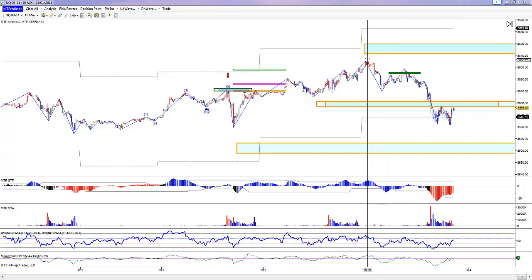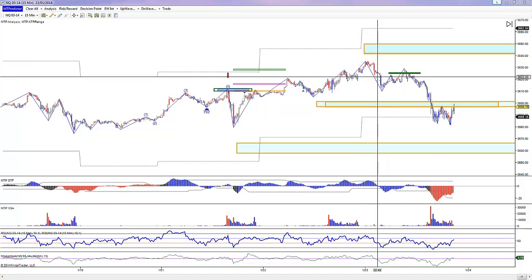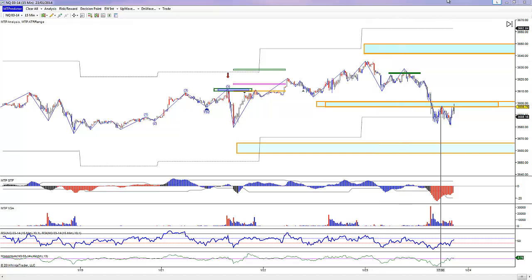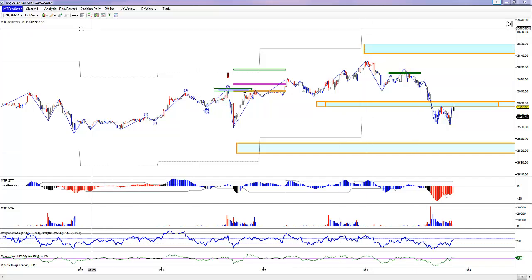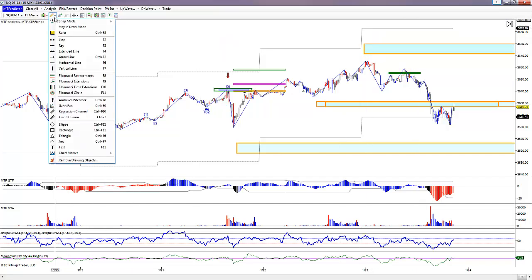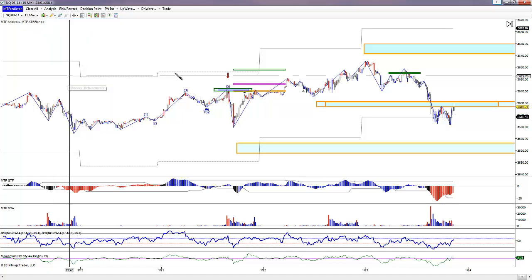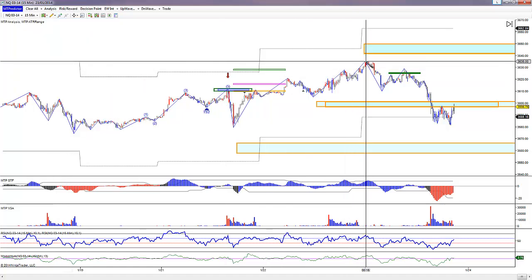But what I particularly like about this is I'm always looking for entries in this region here, a nice retrace of the previous downswing. And if I put my Fibonacci tool on there, you'll see that that is a 786 retracement of the previous downswing.